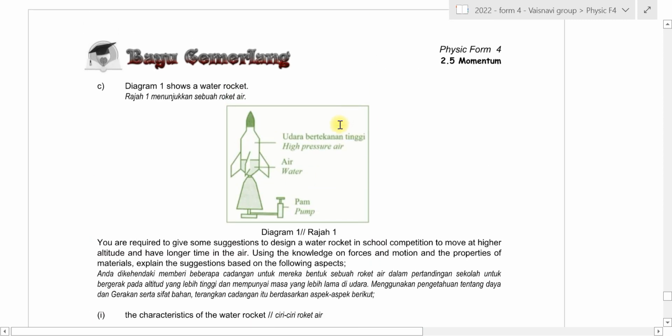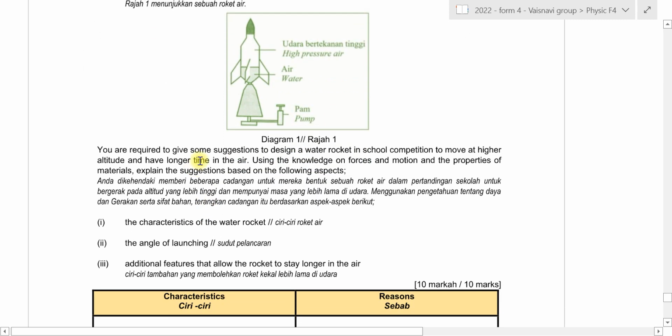Okay. For example, kamu tengok dia ada pump. Dia sudah sediakan pump. Dia ada air dalam botol tu. And then high pressure air. Okay. Now, you are required to give some suggestion to design a water rocket in a school competition. Okay, apa objektif dia? Move at higher altitude. Okay, kamu nak pergi apa ni? Higher altitude. Ketinggian paling maksimum. And have longer time in air.